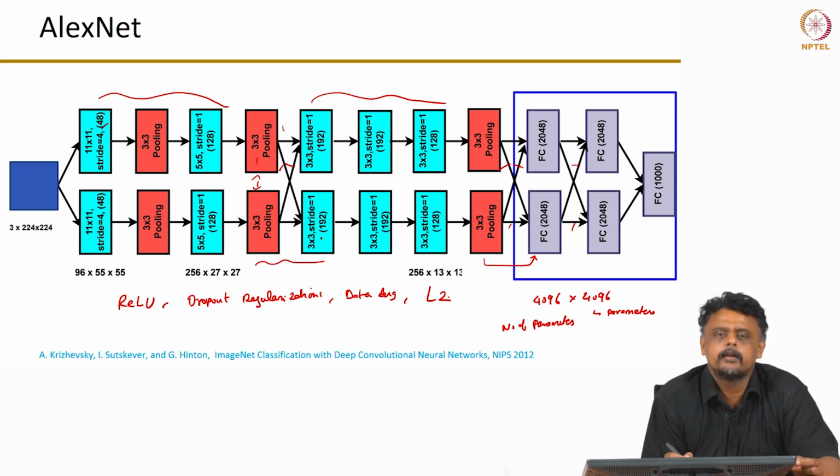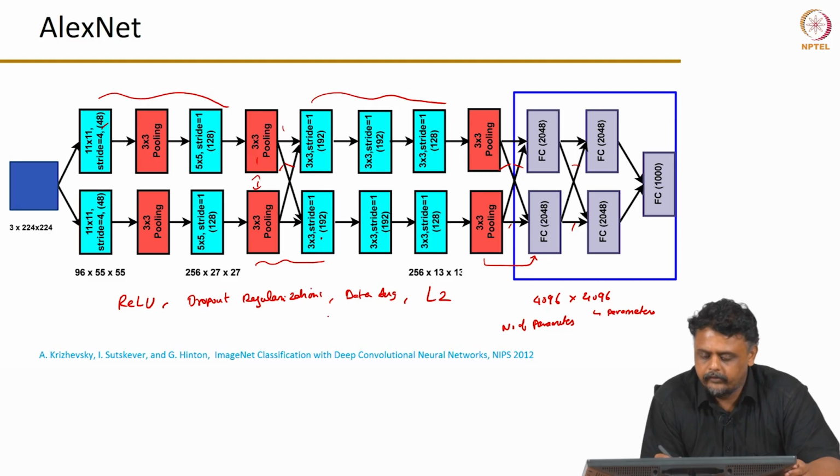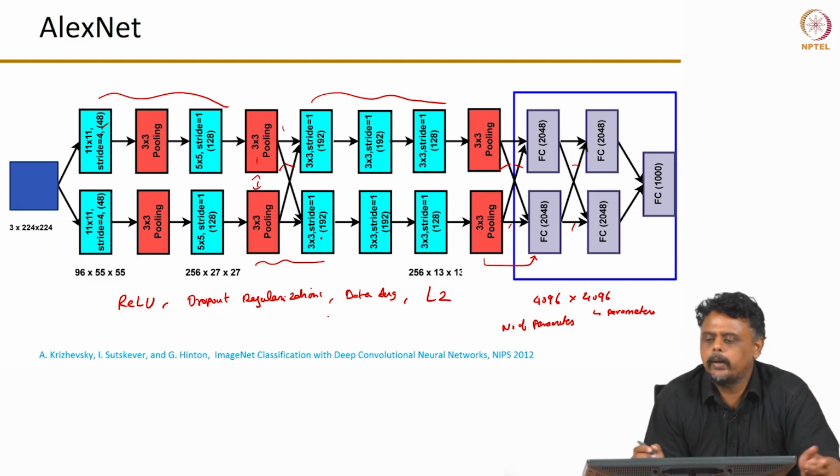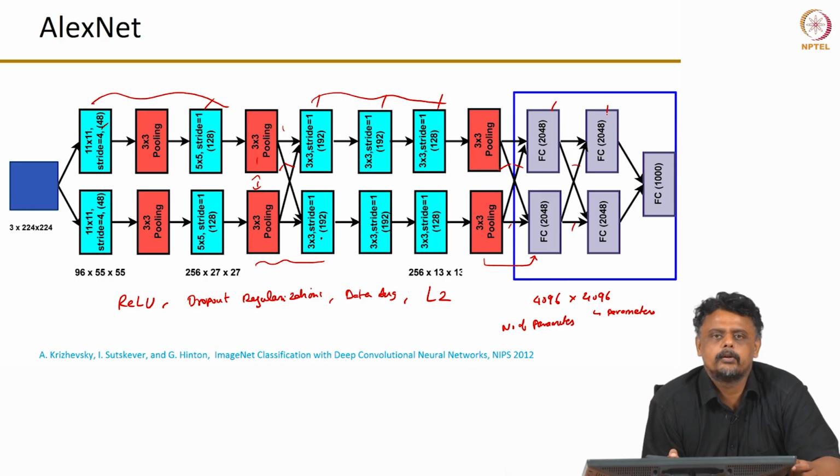So, this network sparked a huge interest in deep learning, because it had lots of parameters, it was quite deep, 7 layers, and if you include the max pooling also 7 weight layers, if you can call it that, because it had 1, 2, 3, 4, 5, 6 and 7 weight layers, and of course interspersed with 3 max pooling layers. Okay.